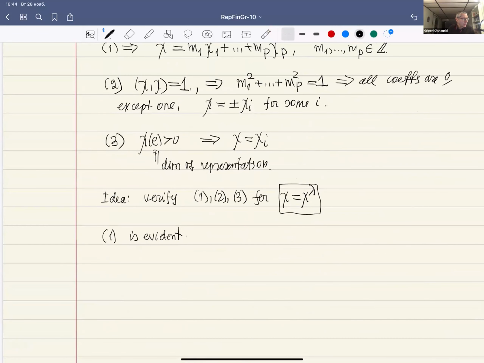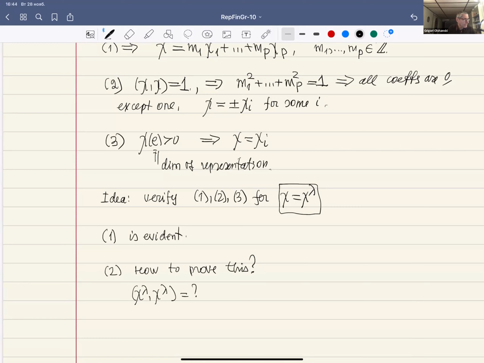Now, how to prove this? We have to compute and show that it is equal to 1. It is not trivial.